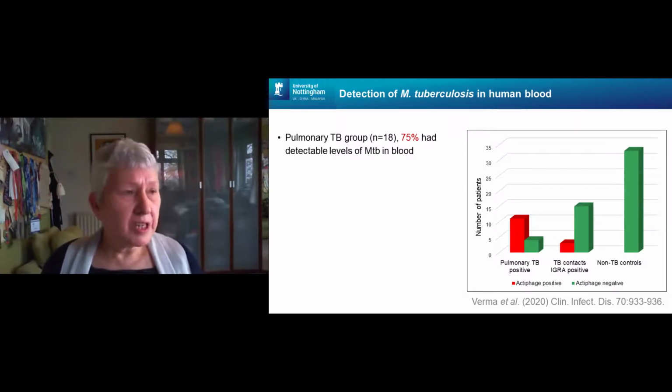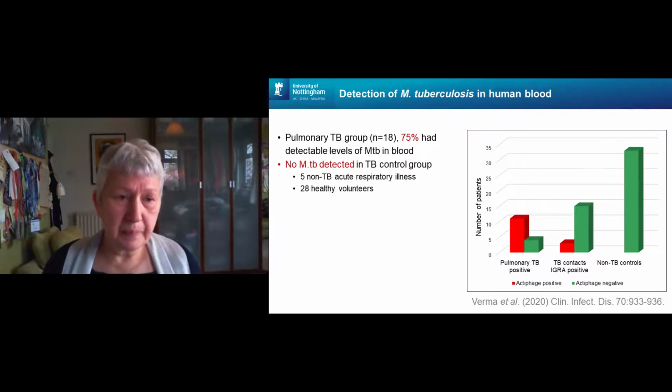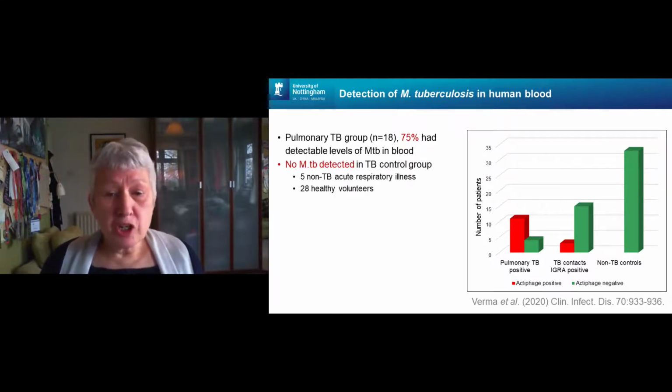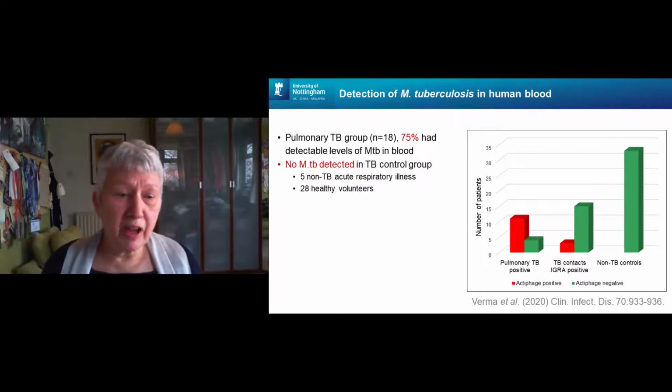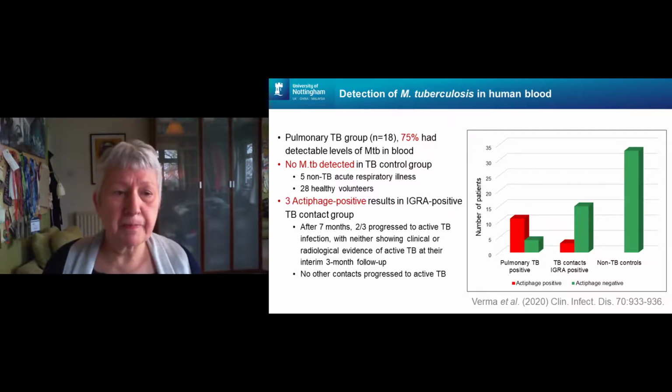And in this first proof of principle study, there were 18 pulmonary TB group patients. And 75% of those were found to have detectable levels of Mycobacterium tuberculosis, now human TB, in their blood. In the control group, which was 5 non-TB acute respiratory illness patients and also 28 volunteers, everything was negative.